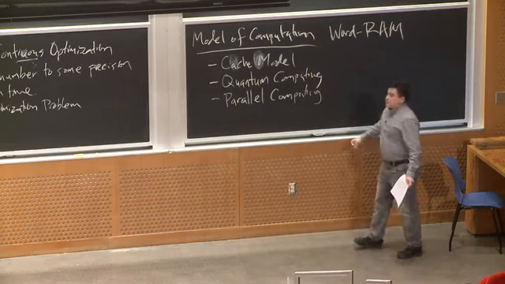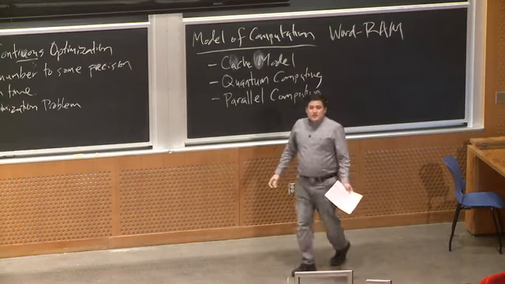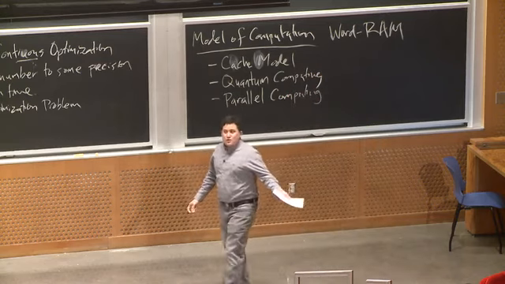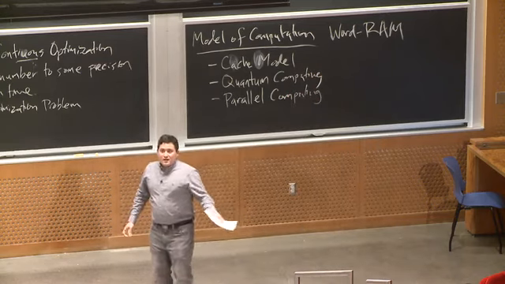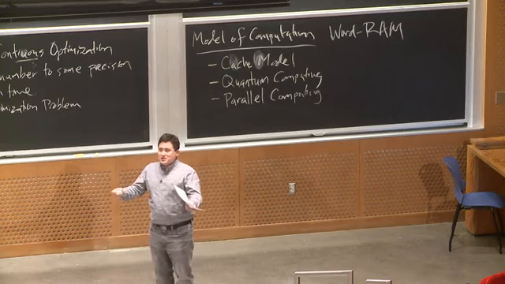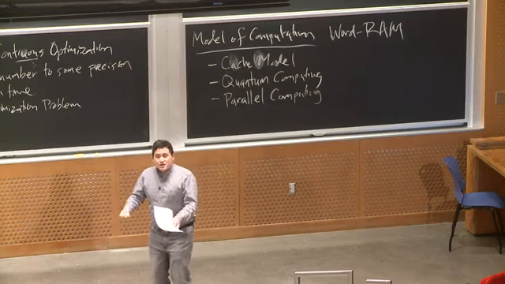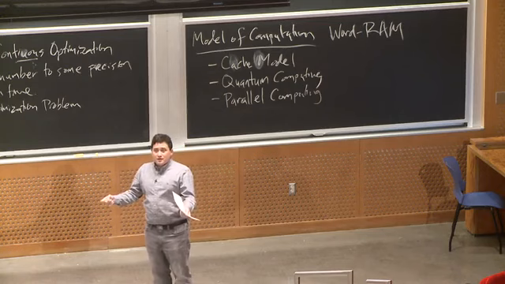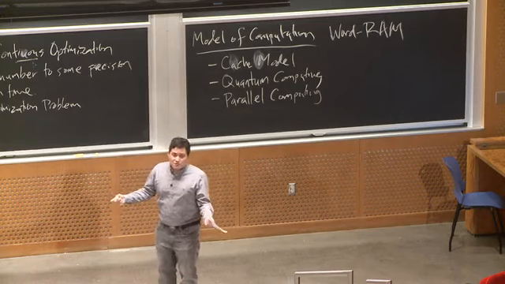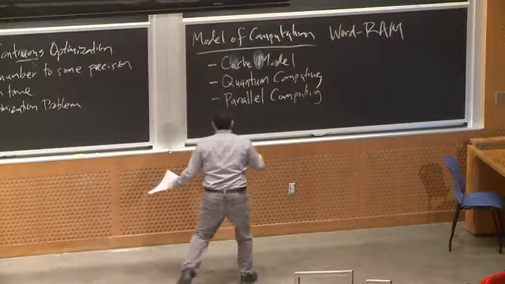Parallel computing basically says, it's cheap for me to make another computer potentially, right? If I have two computers running on the same problem, maybe I can get a twofold speedup on the time in which it takes to solve my problem.